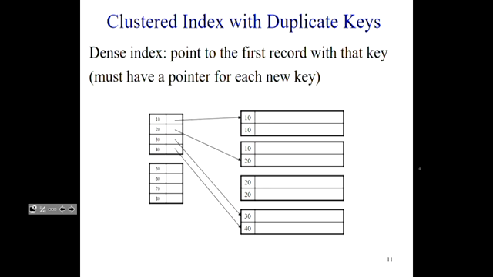A clustered dense index only needs to ensure that you have a pointer for every single distinct key value.